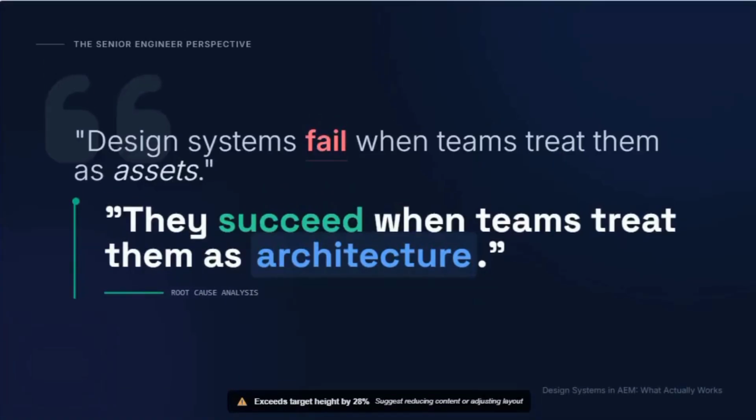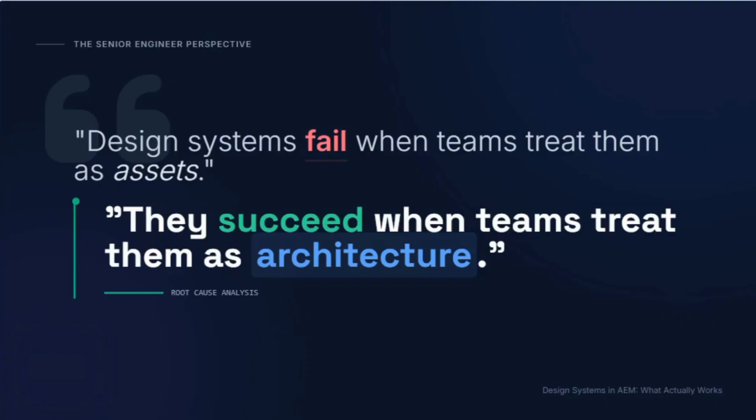Senior engineers understand one critical difference. Design systems fail when teams treat them as assets, something to consume, import, and forget. They succeed when teams treat them as architecture, a set of enforced decisions, ownership, and constraints that shape how work gets done.